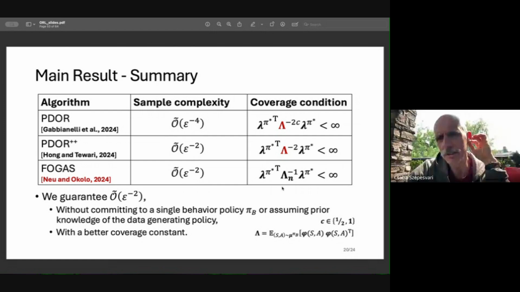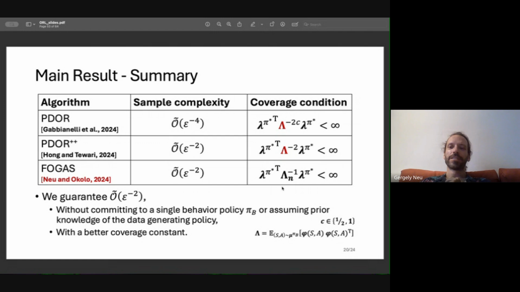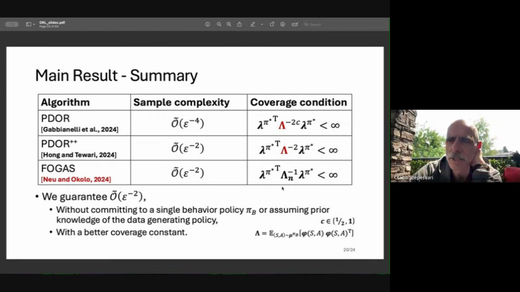Wait, can I have a single trajectory then? Yes, absolutely. You can have a single trajectory, or a bunch of different trajectories, like arbitrary data. So what type of concentration result are you using for proving this result with a single trajectory, let's say?